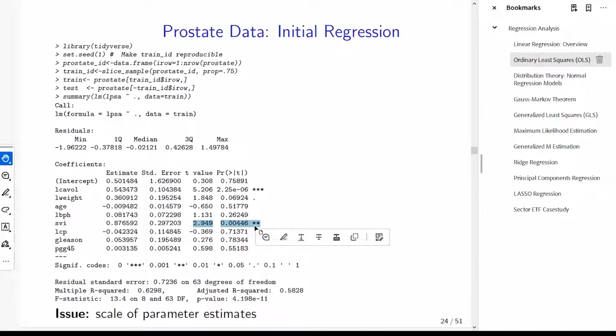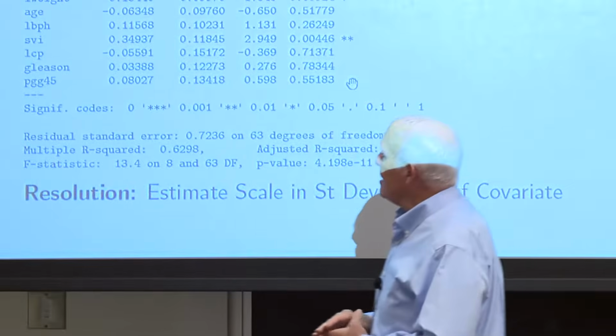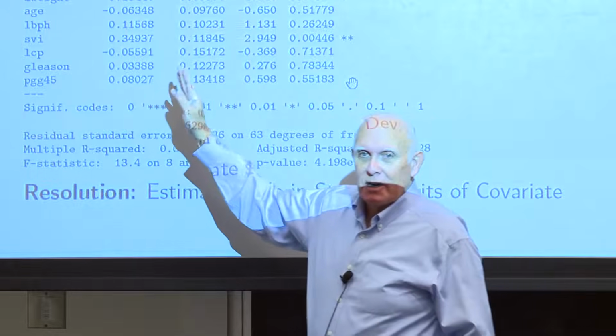So in terms of interpreting how important different variables are, we get the same judgments in terms of t-values and p-values.